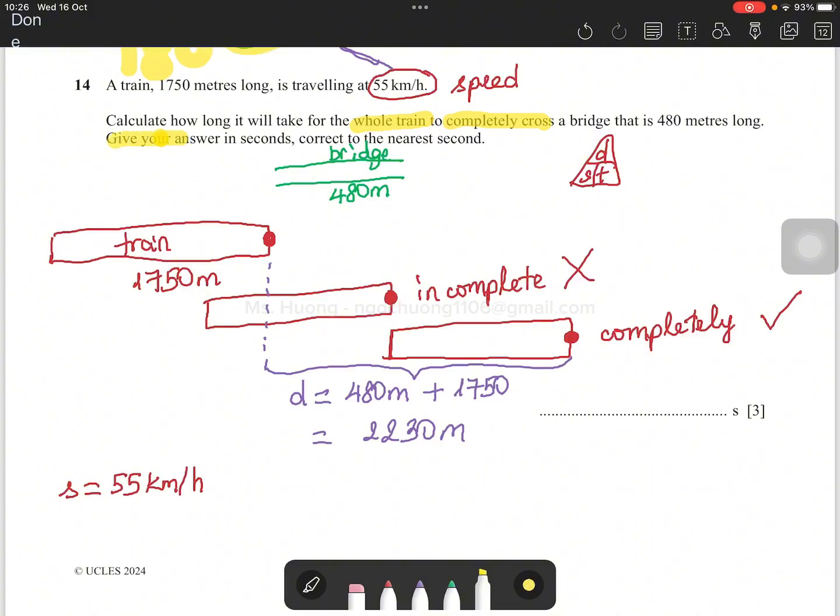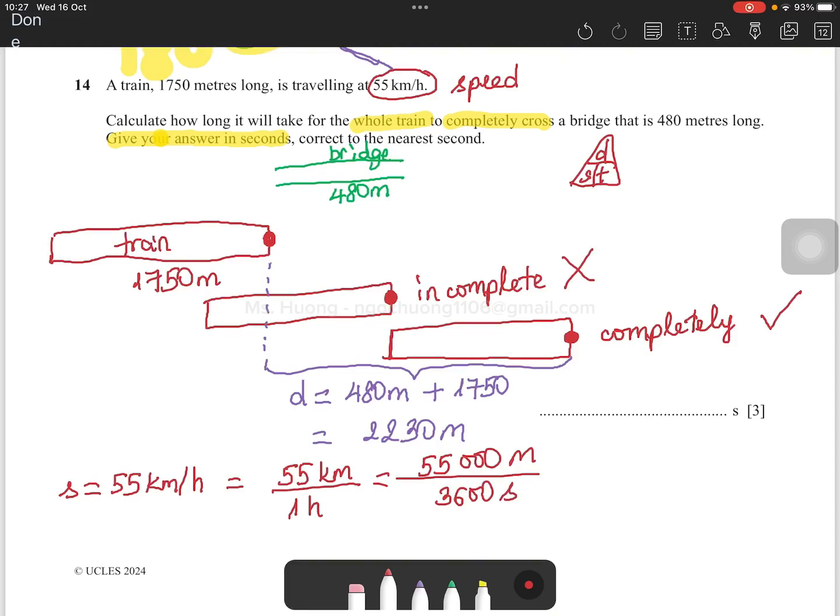So 55 kilometers per hour means over 1 hour. 55 kilometers is 55,000 meters, and 1 hour is 3,600 seconds. So we divide 55,000 by 3,600, then the answer is 275 over 18 meters per second.